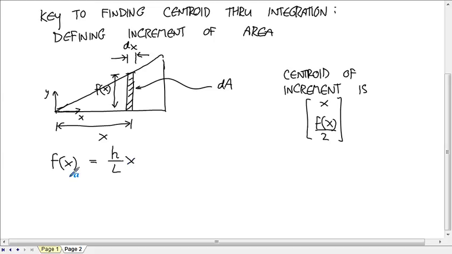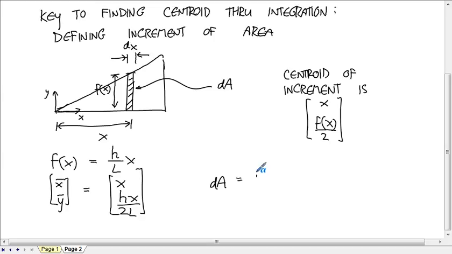And so the centroid of one of these increments in area is x, and then hx over 2L, going from this formula. dA is the height, hx over L, times the width, dx, of one of those little slivers.